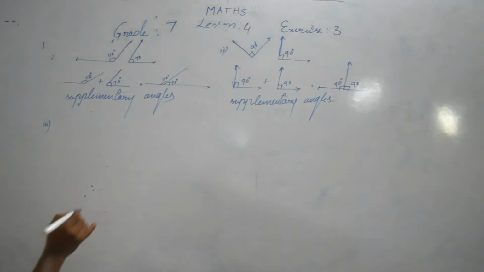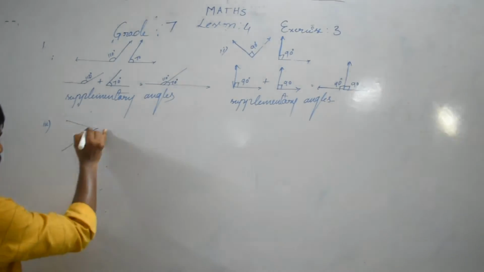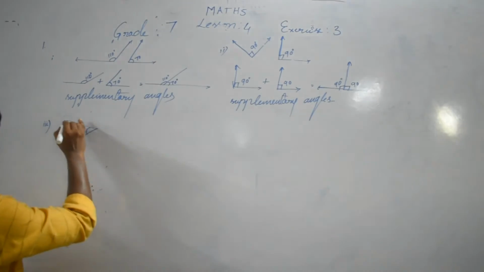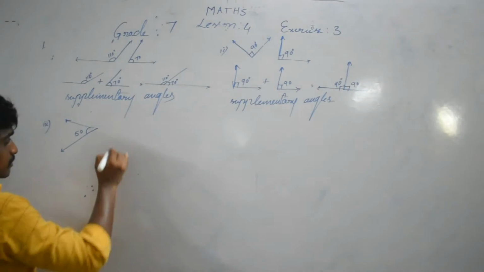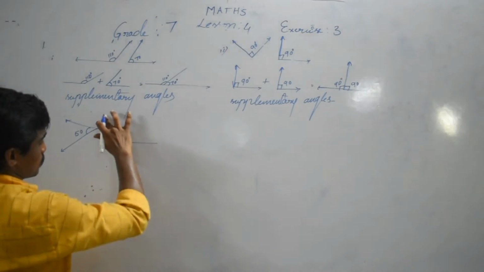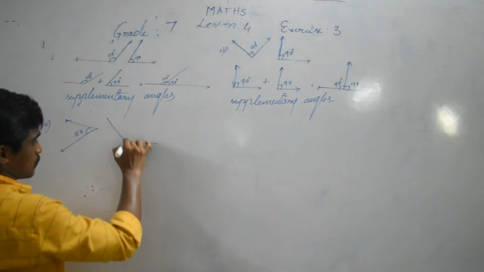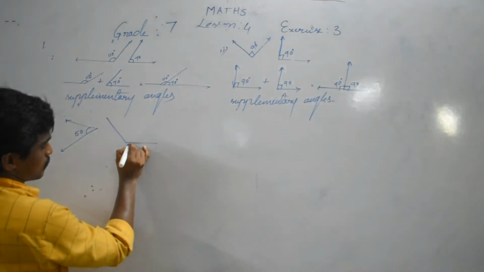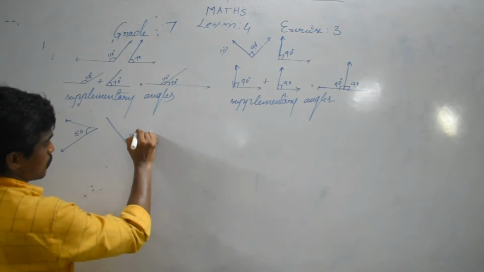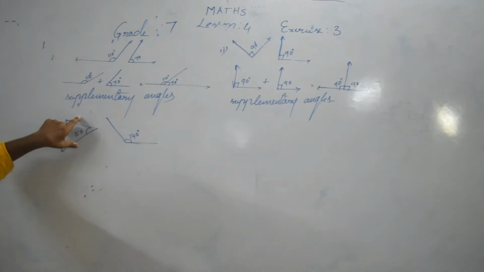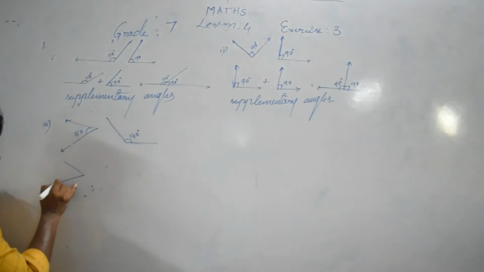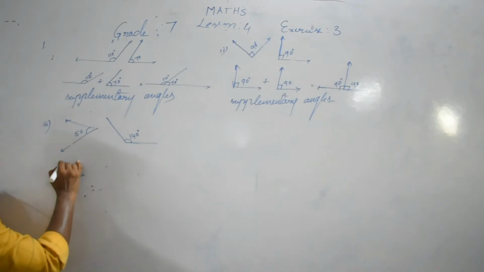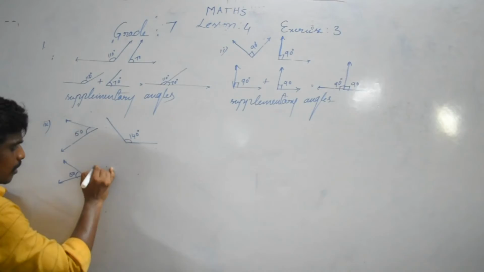Next, third problem. Here one angle is 50 degrees, another angle is 140 degrees. Total here, 50 plus 140.